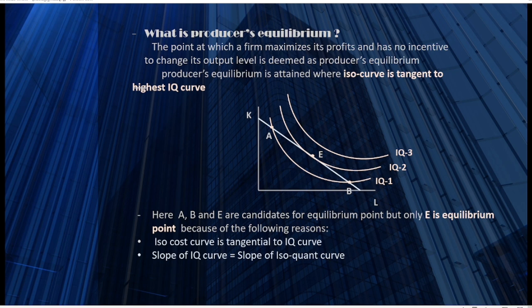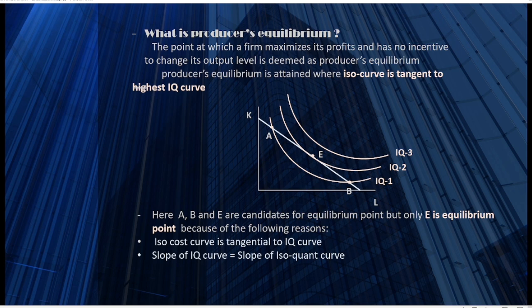This tangency ensures the producer is using resources in the most efficient way, achieving the maximum possible output at the minimum possible cost. So in short, isoquant shows equal output, isocost shows equal cost, and their tangency point gives producer's equilibrium.